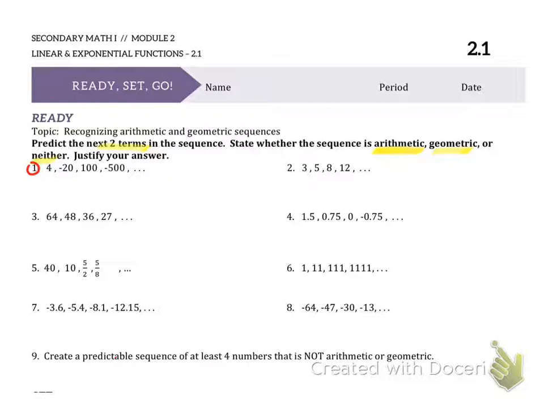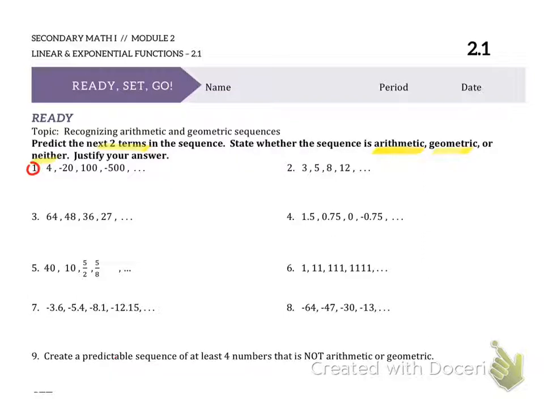So it could be a geometric sequence. I see that 4 times negative 5 gives negative 20, 100 times negative 5 gives negative 500. So we multiply each time by negative 5.